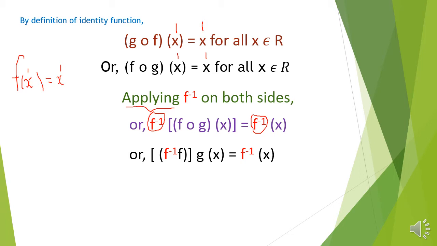Now we can regroup with a bracket here, and we leave g as it is, and f inverse. You have to be careful on this step. Focus here, we just regrouped, isn't it?